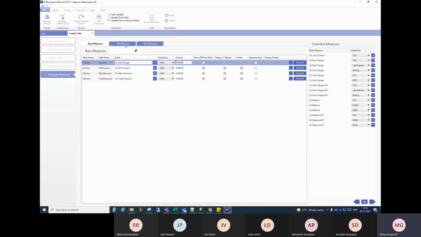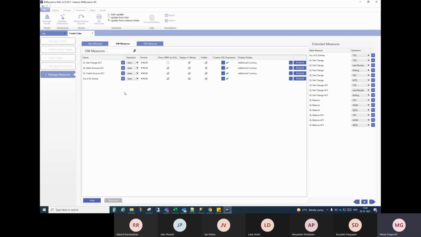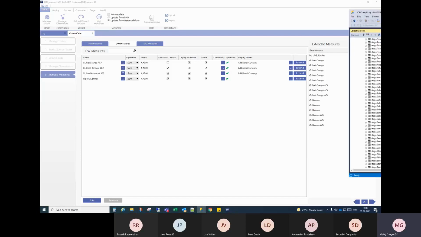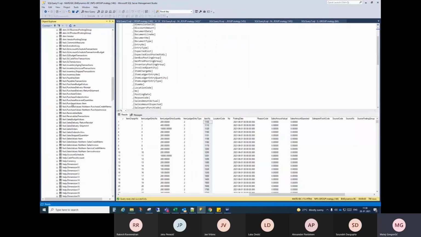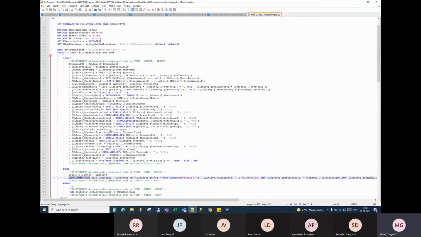The next type of measures are data warehouse measures. This means that a measure is built on the data warehouse. It doesn't come directly from Navision, from stage tables, but we create it on the data warehouse. And when I say data warehouse, I mean in SQL, on the SQL tables here. So on the fact tables that we're on right now. So fact tables, if I look at fact GL transaction, actually, let's have a look here. Okay.